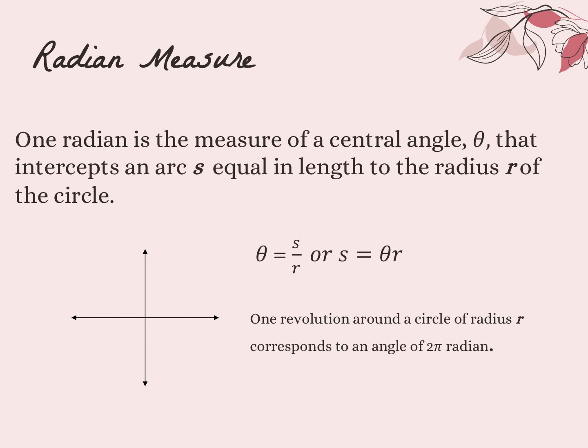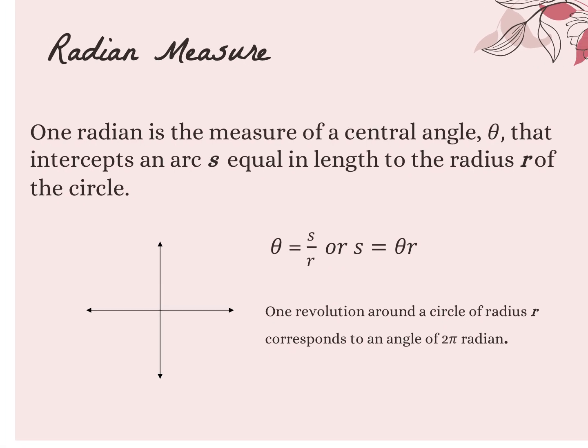Drawing our angles, we're going to draw them the same way with an initial side and a terminal side. Here's our formula to find the measure of an arc length. Whenever we use this formula, theta must be measured in radians. So if they give it to you in degrees, you're going to have to convert it first.